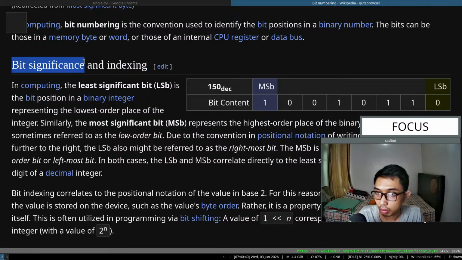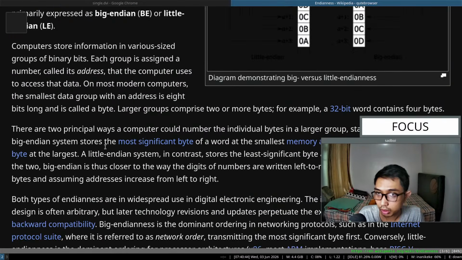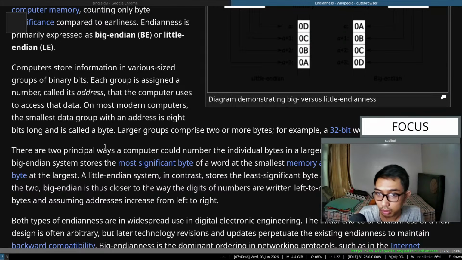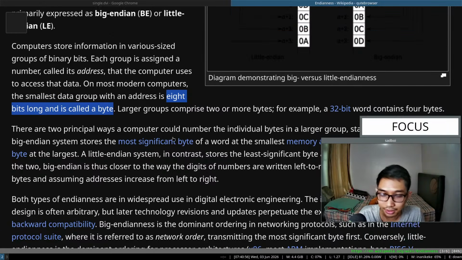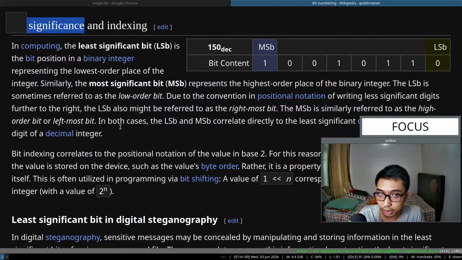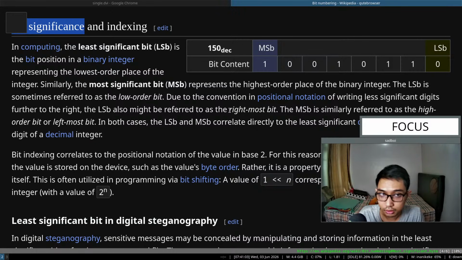Is it byte or bit? I mean, some explanations said that 8 bits is usually called a byte, right? So that's what I'm confused about. Is it byte or bit? In this case it is bit.